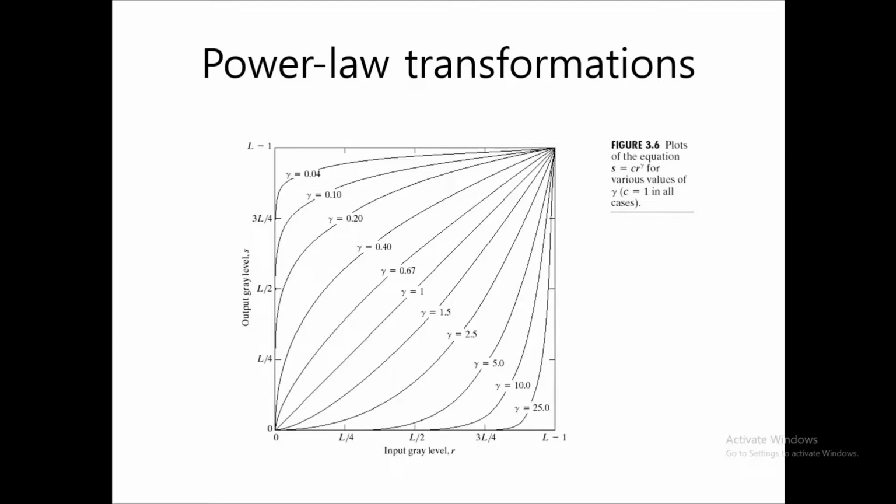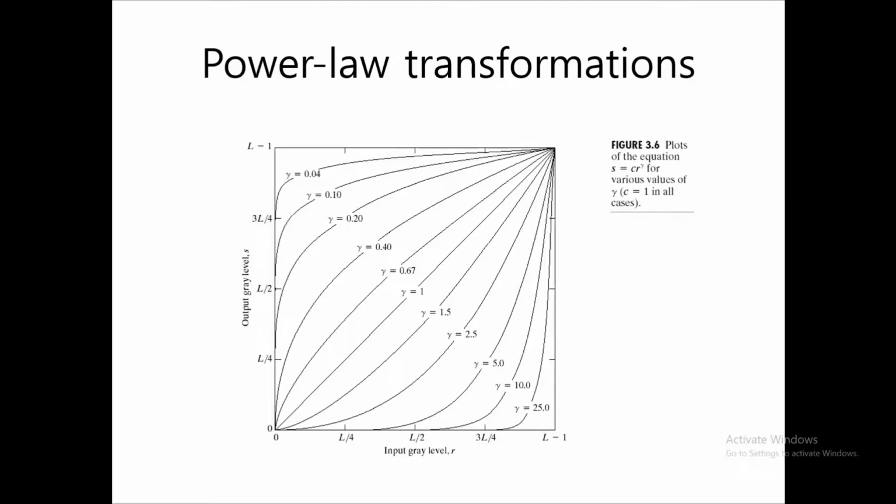When we set the gamma value to be fractional and perform this operation, we get the same effect as the log transform: a narrow range of dark input values is converted into a wider range of output values.